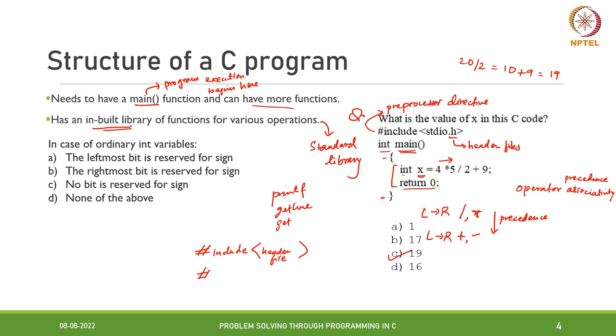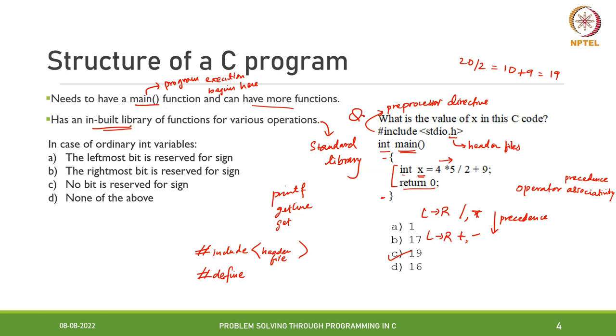Yes, there is another preprocessor directive called hash define. It is used to define macros, for some different purposes. There are a host of preprocessor directives. Include is just one of them, which helps you include the header files. I'll be talking about the other preprocessor directives later on in the course. Maybe you will see define just a few slides after this.